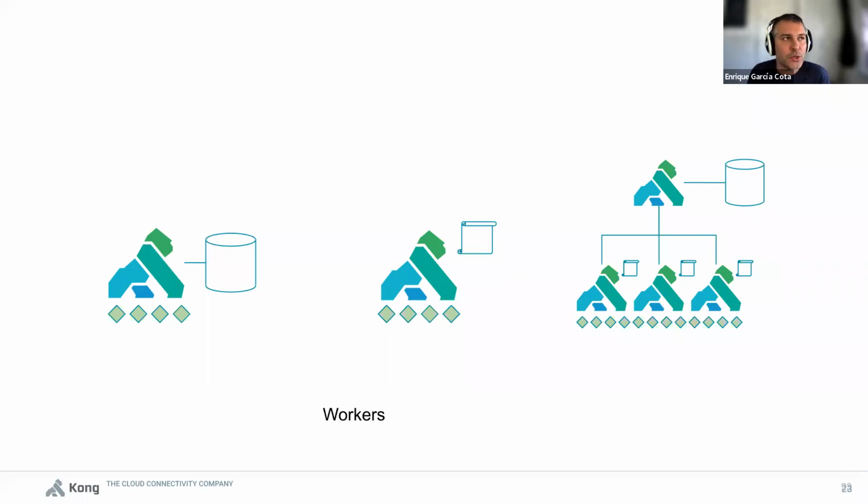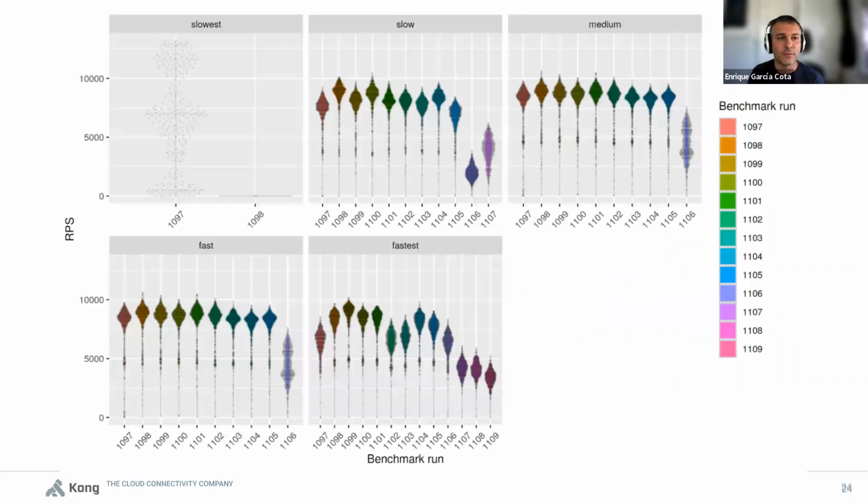So the short version is that we have started doing a lot of graphs. Most of those are internal. This is one example that I find a bit intimidating at the beginning. What's going on here is that we have a bunch of tests being run on a Kong node with multiple workers.